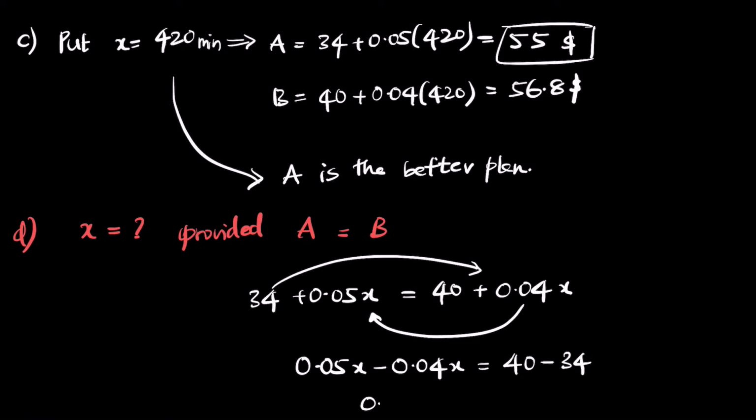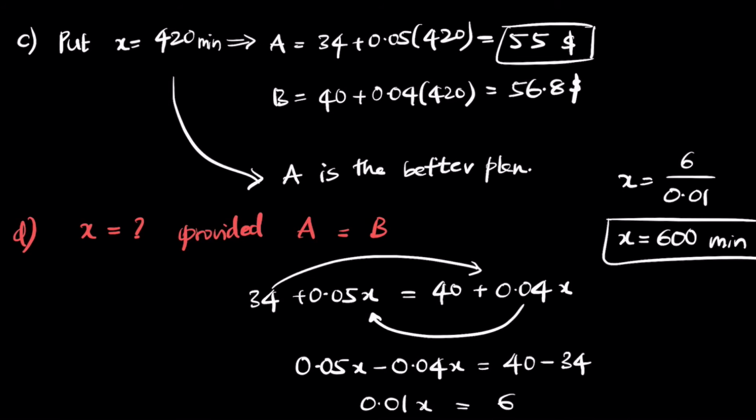So that becomes 0.01x is equal to 6. So x becomes 6 divided by 0.01, so x becomes 600 minutes. So when x is 600 minutes, the charge on A is the same as the charge on B.